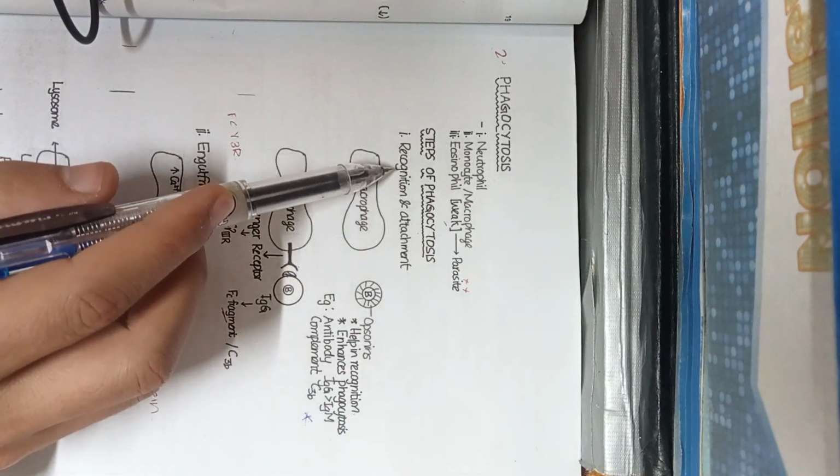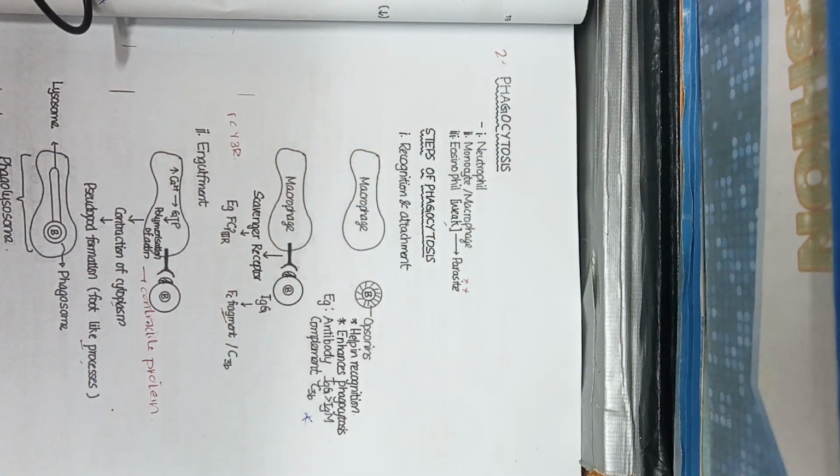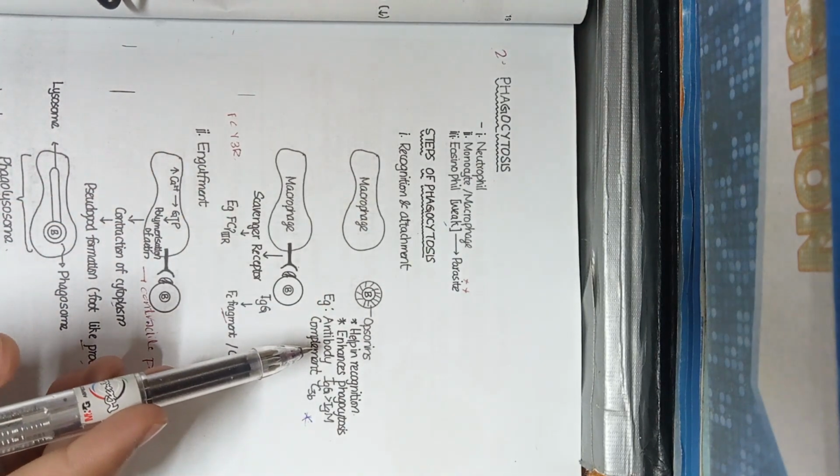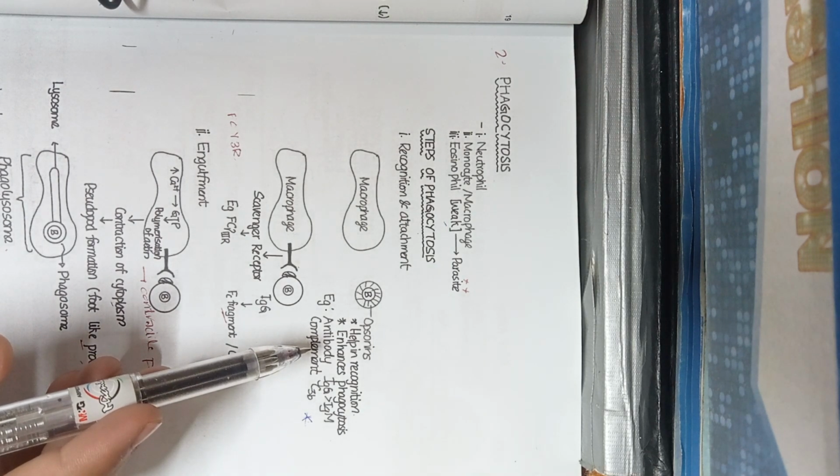The first step is recognition and attachment. For example, this is a macrophage. How will it recognize a body which will be phagocytosed by this macrophage?